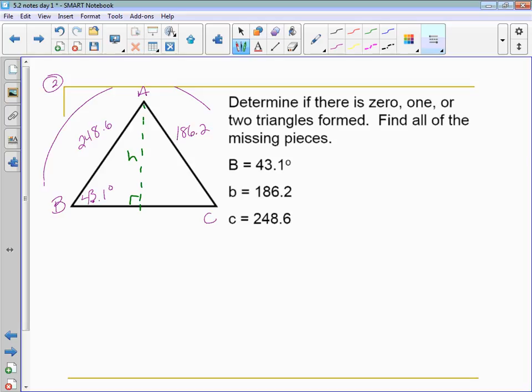Not tangent, but one of them. Sine, yes. Could I do sine of 43.1 equals h over 248.6? And then how would I solve for h? Yep, so 248.6 times sine of 43.1.